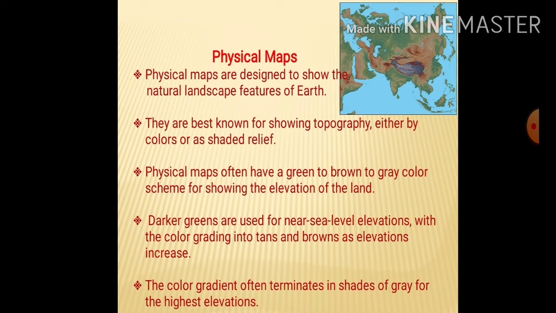Physical maps often have a green to brown to grey color scheme for showing the elevation of the land. Darker greens are used for near sea level elevations, with the color grading into tans and browns as elevations increase. The color gradient often terminates in shades of grey for the highest elevation.